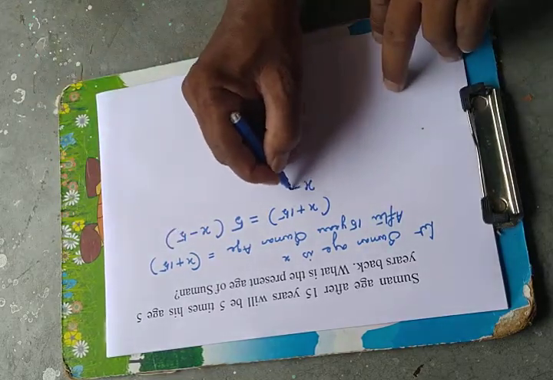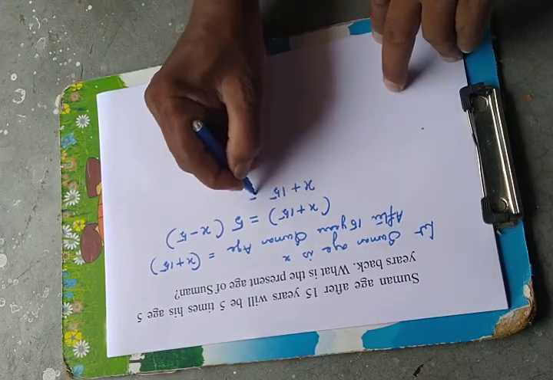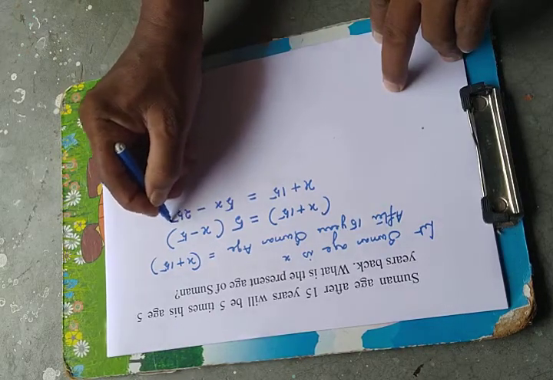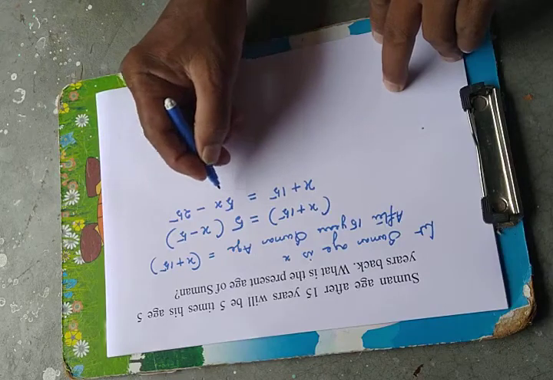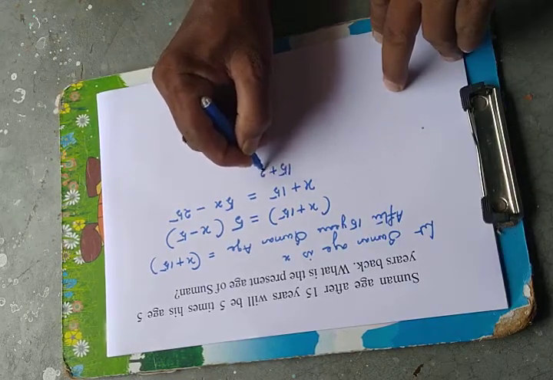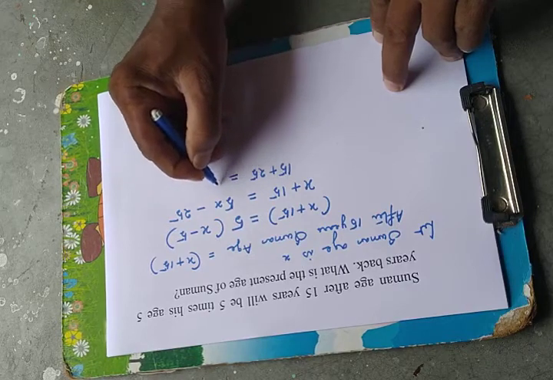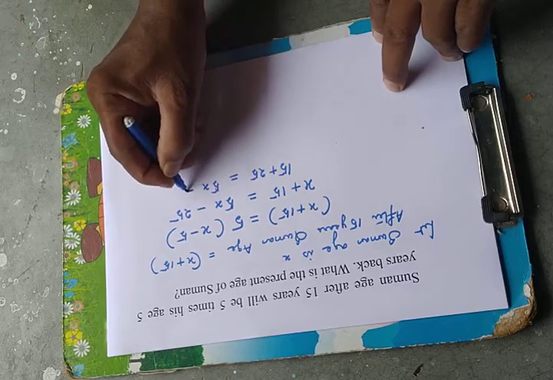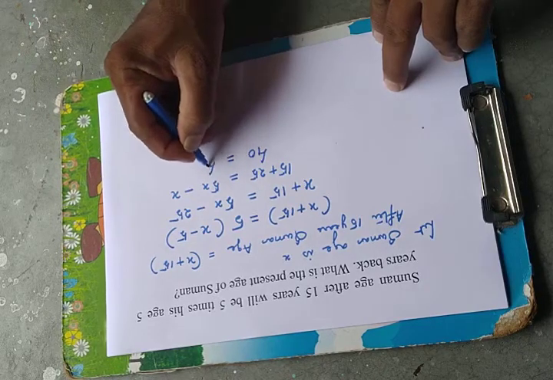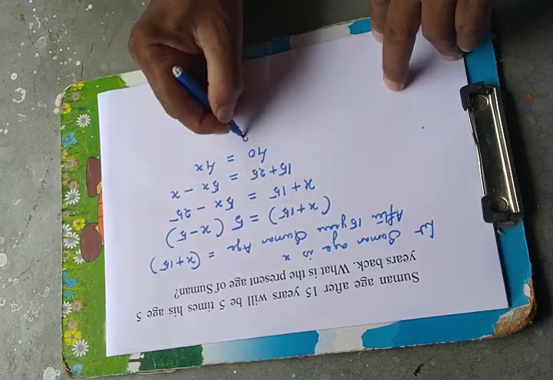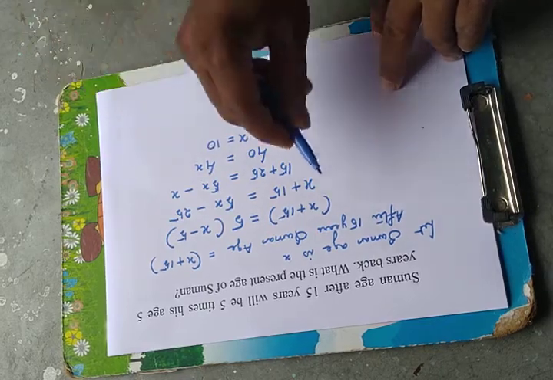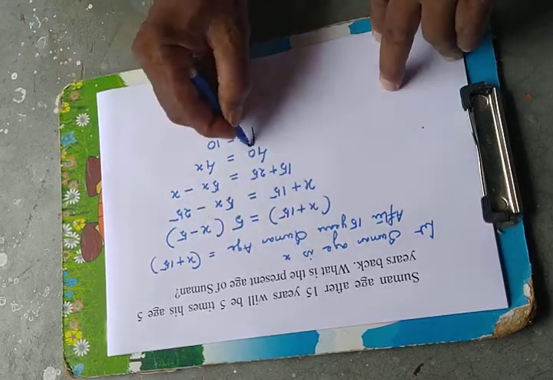Now x plus 15 equals 5x minus 25. Now we are going to do the simplification here. Now 15 plus 25 equals 5x minus x. So that will come 40 equals 4x. x equals 10.